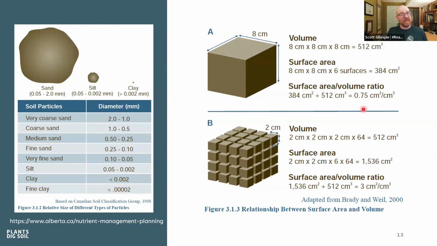But then this one here, where they're divided up into 2 centimeter blocks, is going to have 4 times the amount of surface area. So a clay particle is thousands of times more surface area. So there's just so much more area that it can hold water and bind nutrients and organic matter and all kinds of stuff.